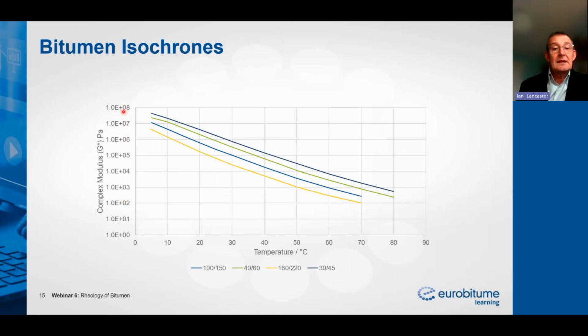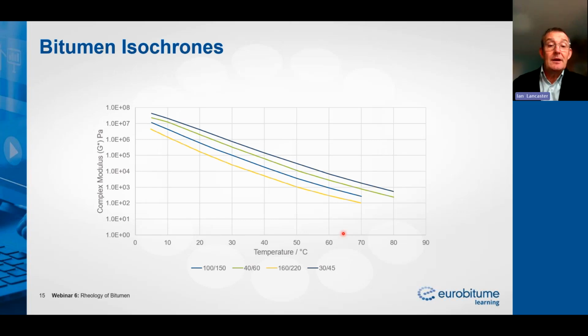So we see a quite significant change in complex shear modulus over a relatively short temperature range. So we can see complex shear modulus change of 1, 2, 3, 4, 5, almost 6 orders of magnitude as we go through that temperature range.